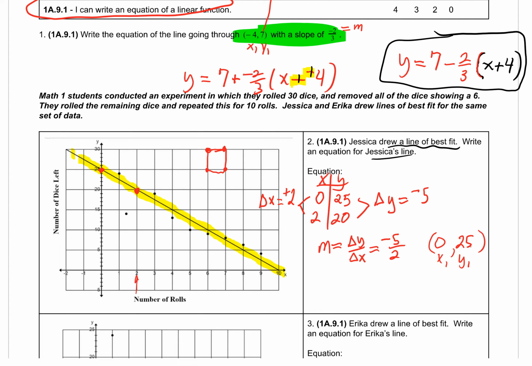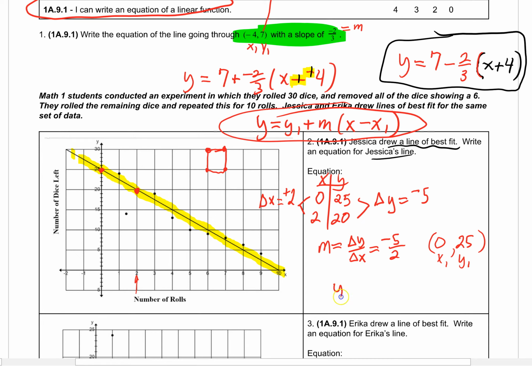But here we go again, guys. What you are going to go to time and time again on this summative coming up is point slope. This point slope, so very important. Let's see, we're going to say y equals, well, your y1 is 25. You'll say plus, well, your m is negative 5 all over 2.